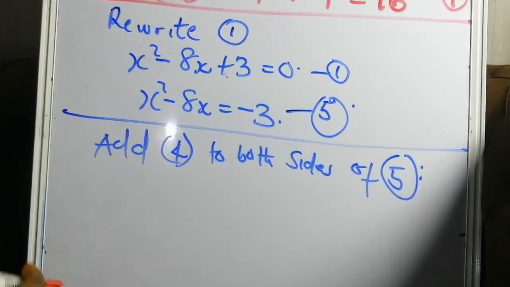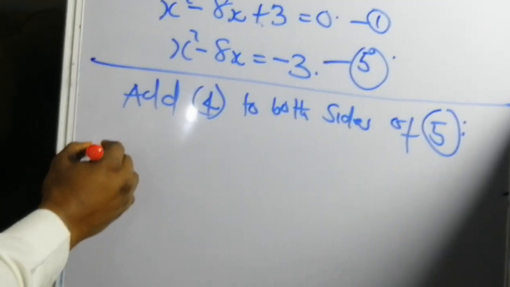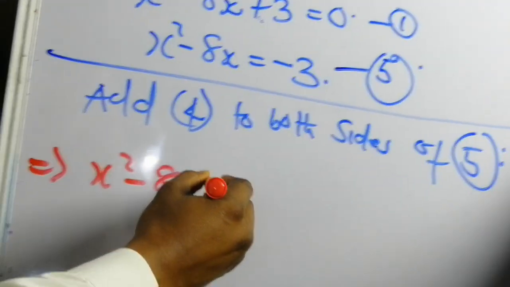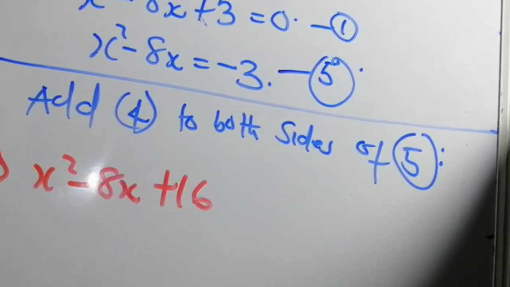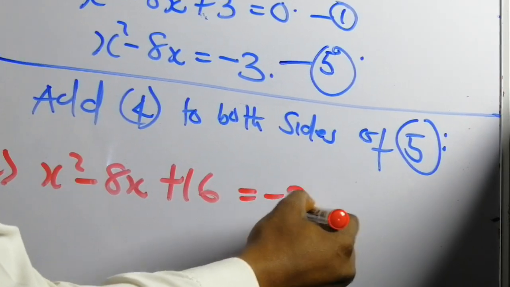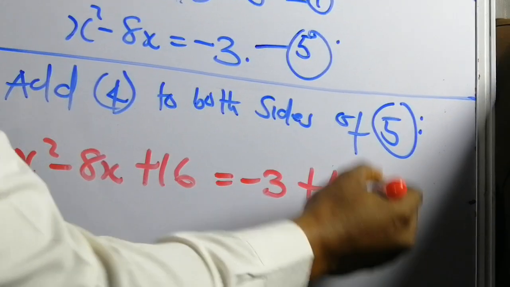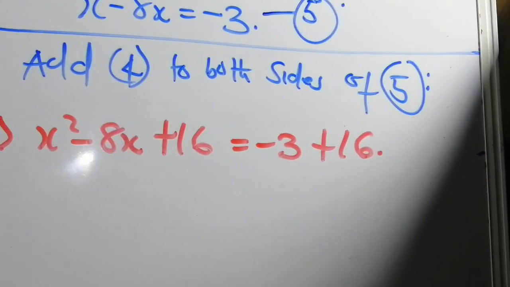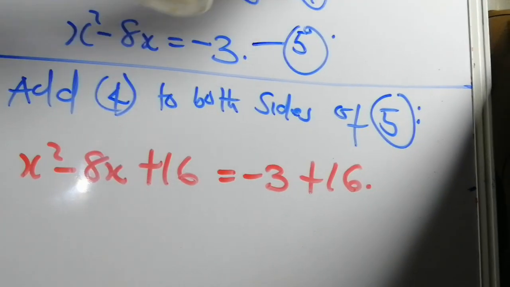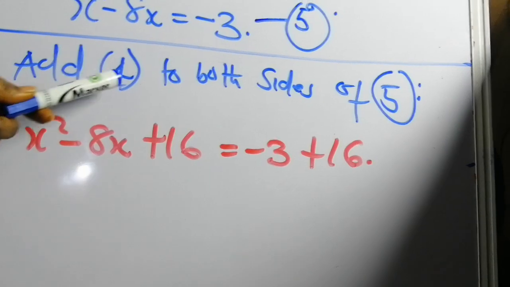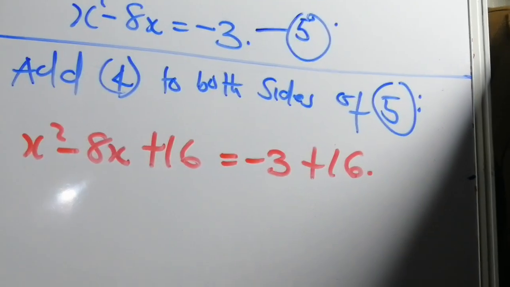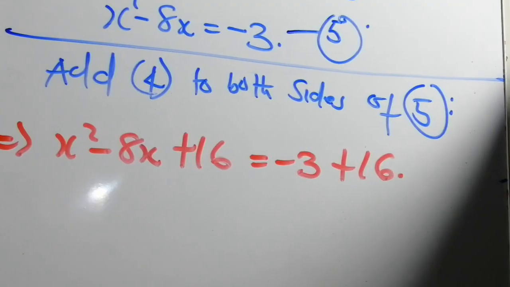So this implies that you can have x squared minus 8x plus 16, because you're adding it to both sides, equals minus 3 plus what? 16. Do you see it now? What is equation 4? This is equation 4, which is 16. Add it to both sides of equation 5. What I just did there was just to rewrite equation 1 above.